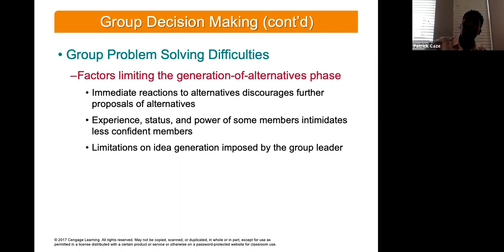The minute you start to make people feel like they will be ridiculed for coming up with an idea, or that you're going to embarrass them or disrespect them in front of people because you don't like the idea, or you think that idea is stupid, then you're going to get less and less input, less and less ideas, and the decisions that are made will be mostly based on what you think as a leader.